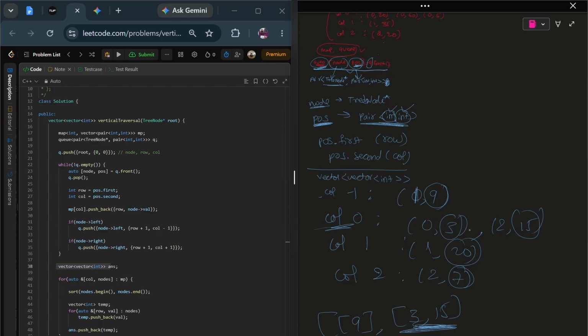In a single column you are having two values, so these two values you need to sort. That is the reason you are going to sort here. After that you need to have 20 and you need to have 7. So this is the vector of vector form that you need to return the answer in.